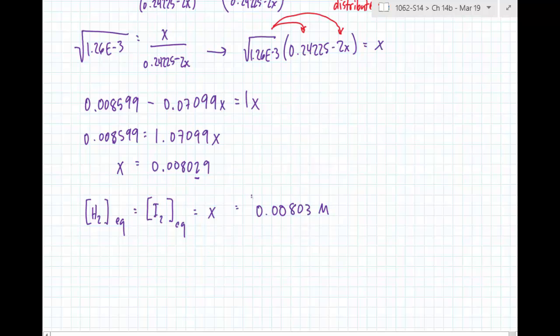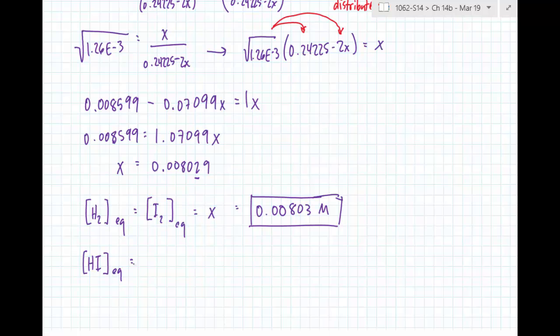I'm going to round that now that that's an actual answer. Okay. What will I do for HI? And subtract that number times 2.